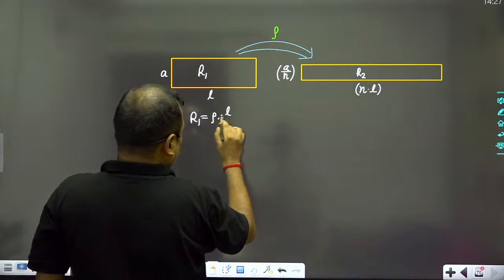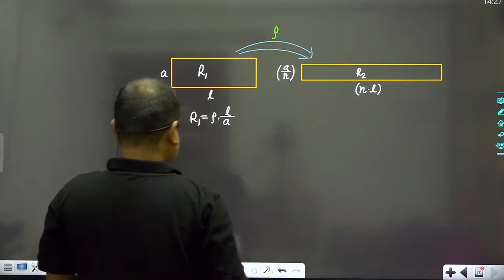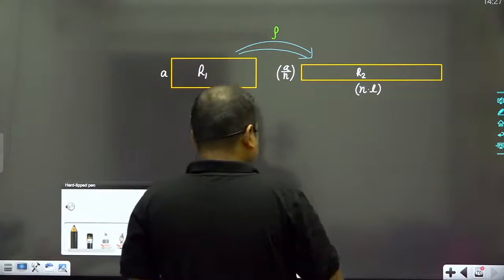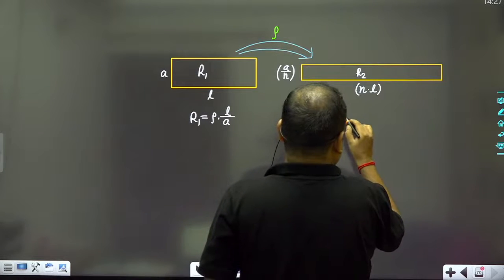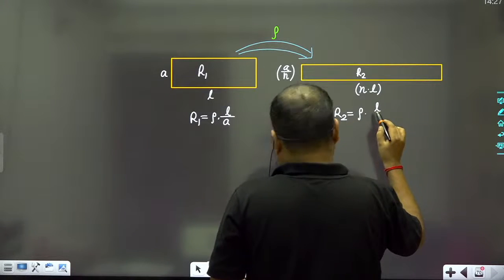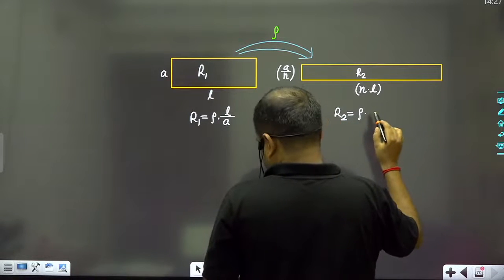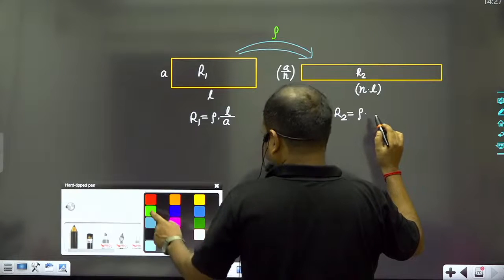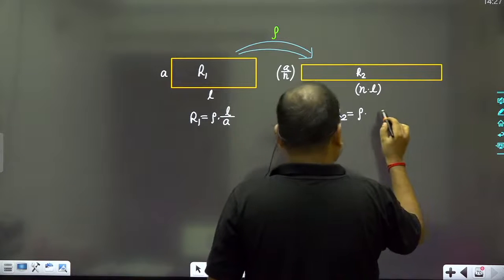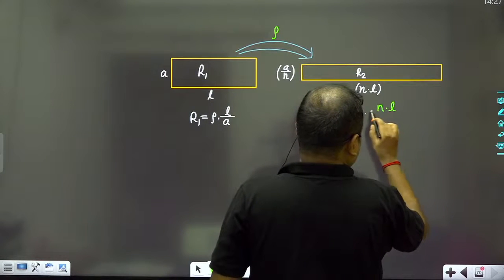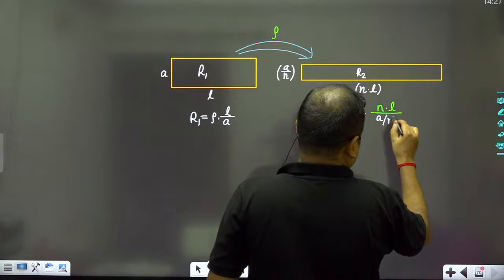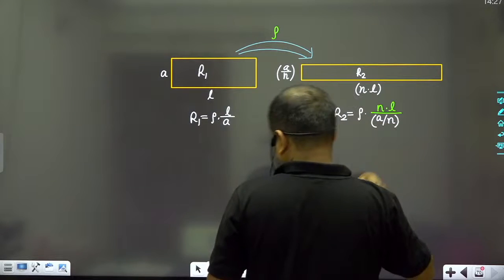That will be equal to R1 equals rho into L upon A. And here R2 will be equal to rho into nL upon A upon n. So this is A upon n.